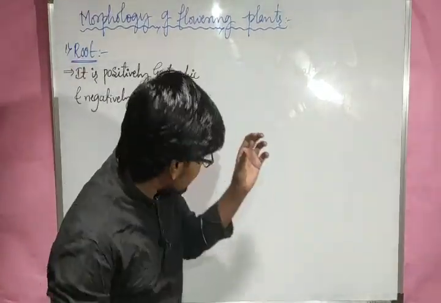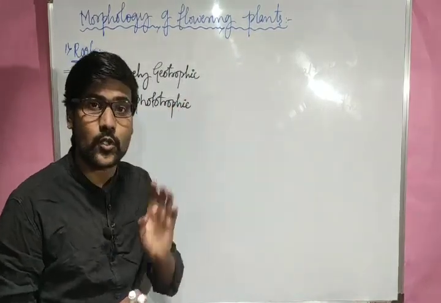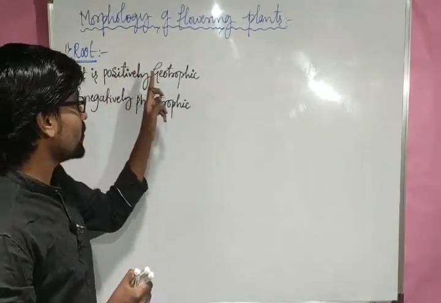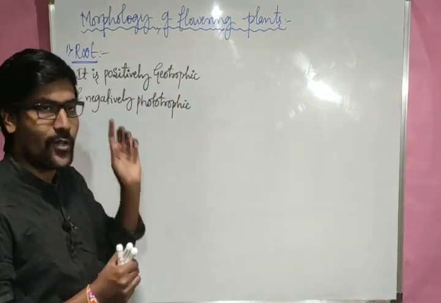So I am just saying the major feature of the root. Root is positively geotropic and negatively phototropic.